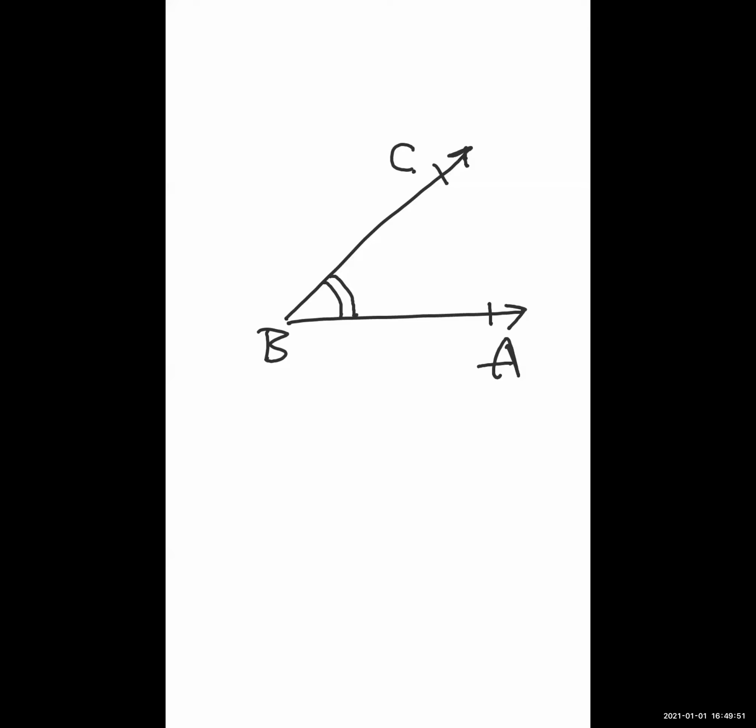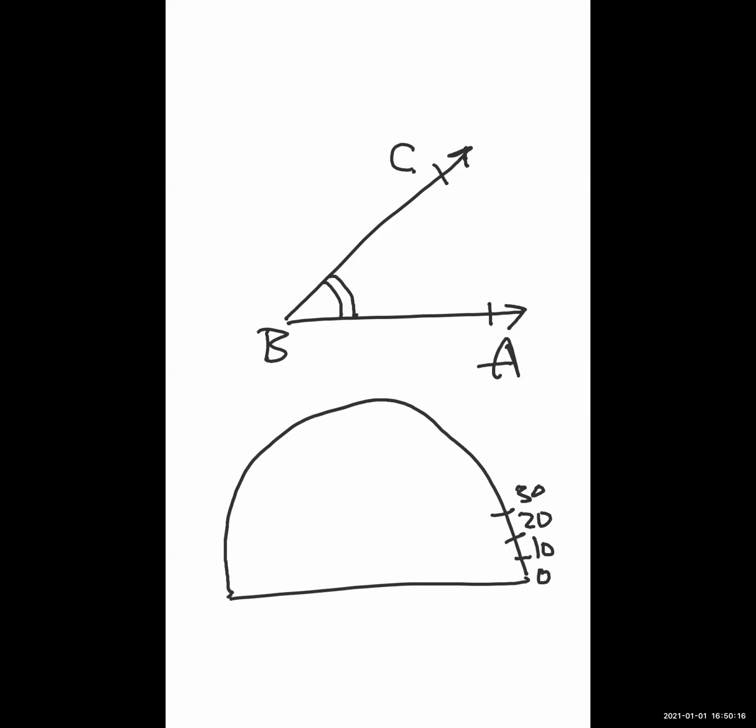And of course, we can use the protractor to get the measure of the angle. Guys, all of you know the protractor, which is like this. It's divided into measures from 0, then 10 and 20 and 30, divided like this, and here in the middle 90, and then 180 degrees.